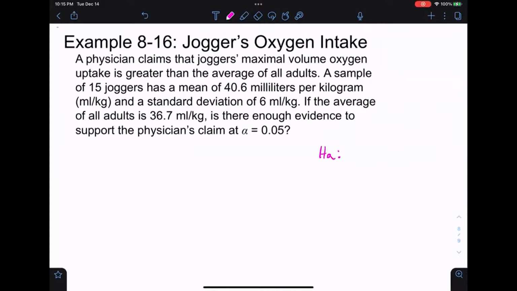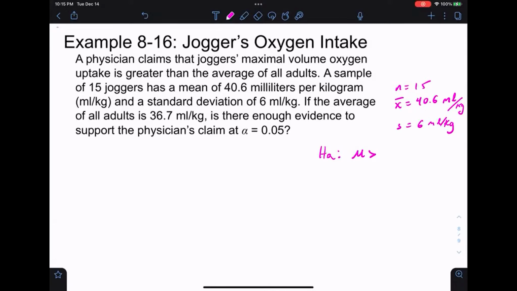A sample of 15 joggers has a mean of 40.6 milliliters per kilogram, and the standard deviation of the sample is 6 milliliters per kilogram.